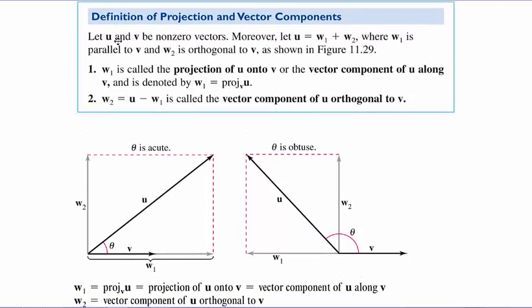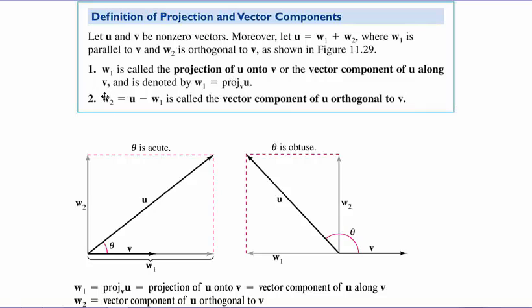So that's what projections are all about. Let u and v be non-zero vectors. Let u be w1 plus w2, where w1 is parallel to v and w2 is orthogonal to v. w1, this one down here, is called the projection of u onto v, or the vector component of u along v, and is denoted by w1 equals the projection of u onto v with this notation.